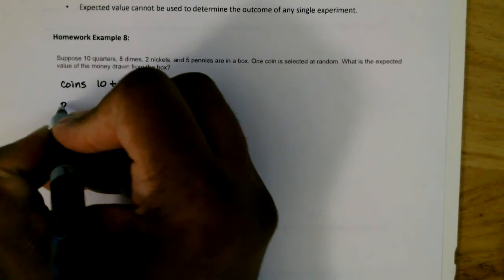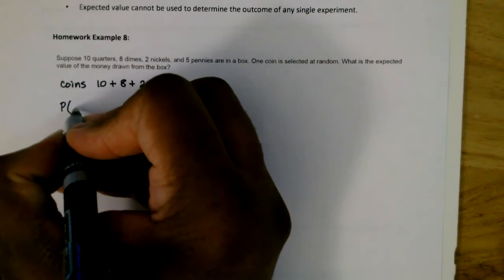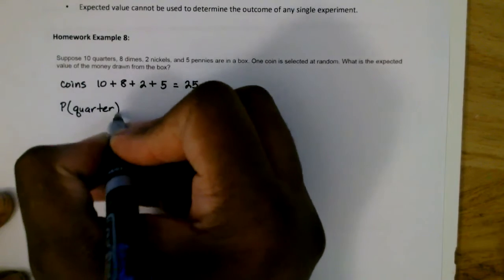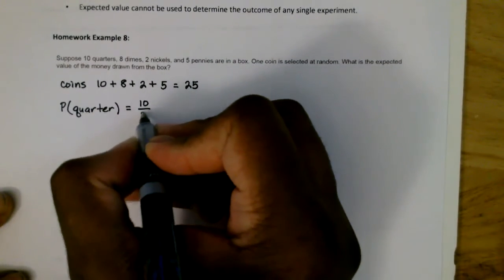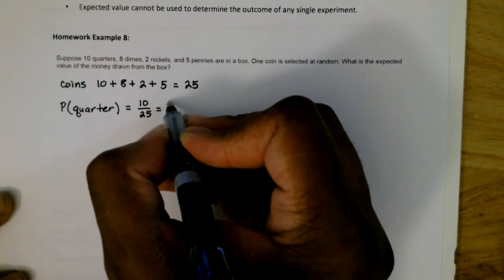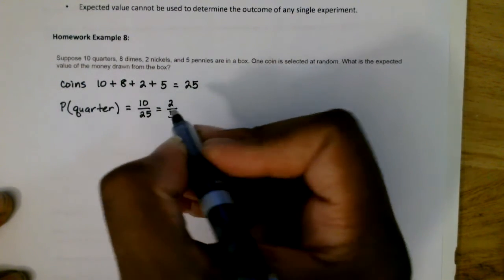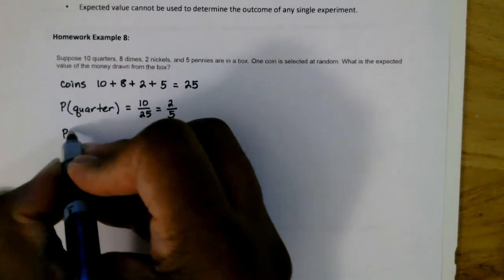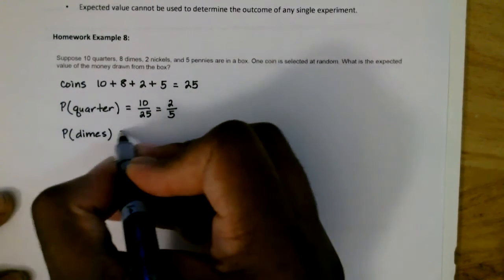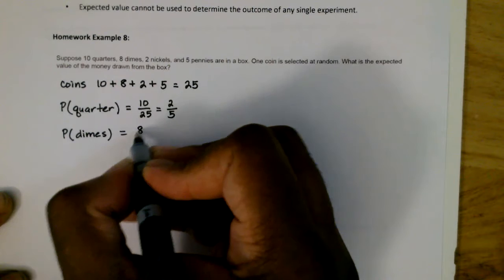And I want their probabilities here. The probability of selecting a quarter out of the box. There are 10 quarters out of 25, so that'd be 10 over 25, which reduces to 2/5. And then there are 8 dimes, so the probability of selecting a dime out of the box would be 8 out of 25.